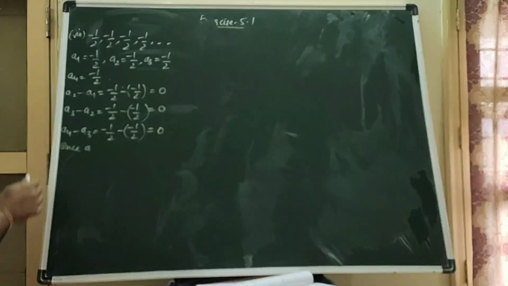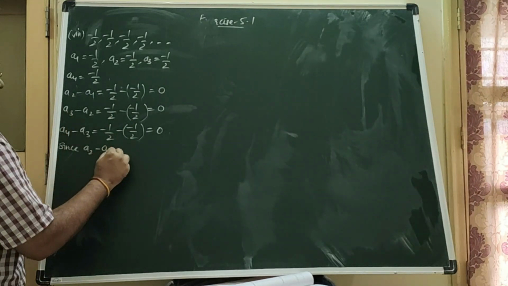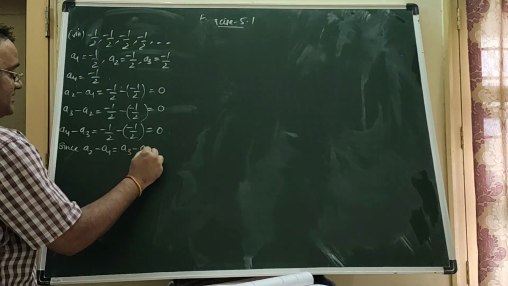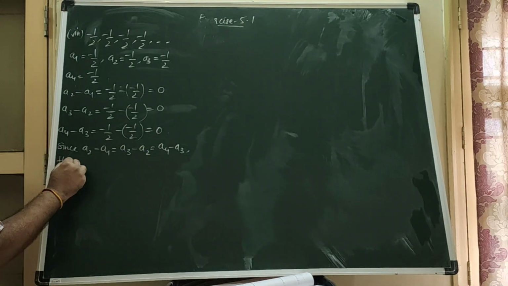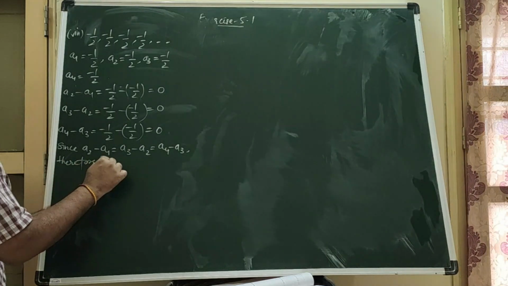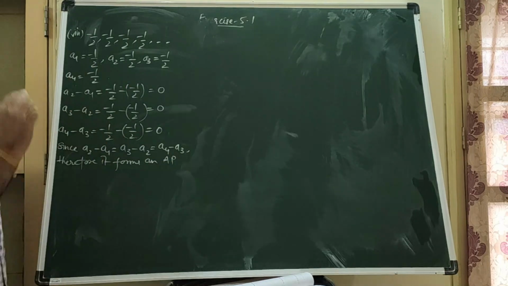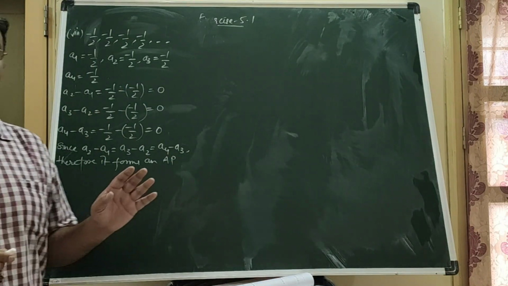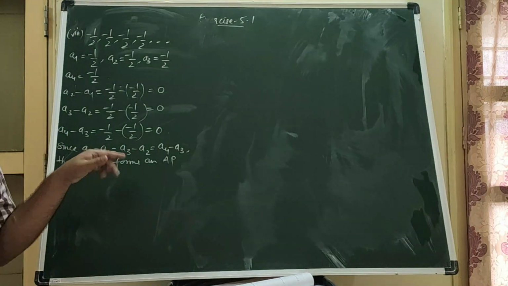Or one more, I want to show that A2 minus A1 is equal to A3 minus A2 is equal to A4 minus A3, therefore it forms an AP. This is also acceptable. So whichever seems easy, you can follow. I think this one is easier.